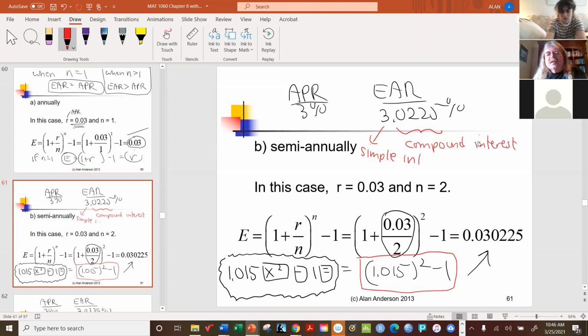So as an investor, you're getting 3% in simple interest and another 0.0225% in compound interest. It doesn't sound like a lot, but if you leave the money there long enough, the difference between the two will start to really matter. In other words, the impact of compound interest makes itself felt over longer time periods. For example, more than a year, like 10, 20, 30 years, it will make an enormous difference.